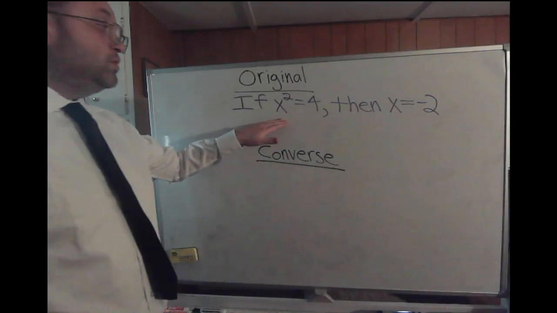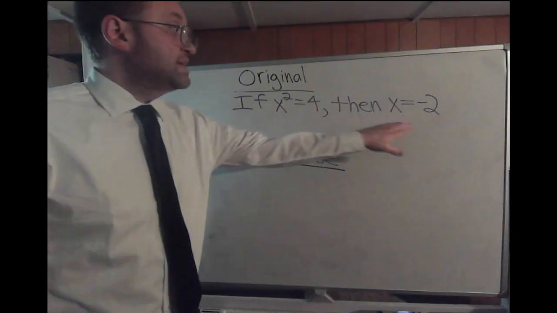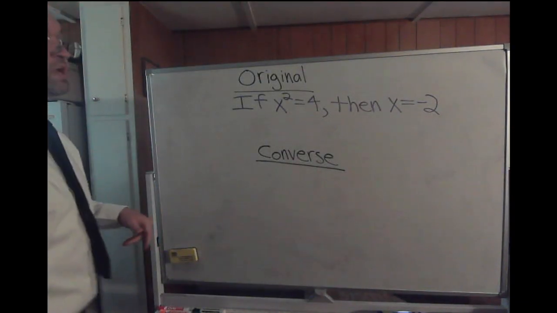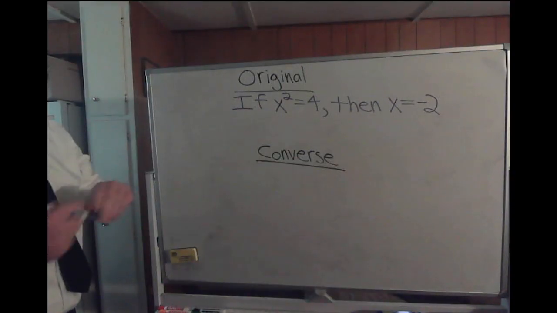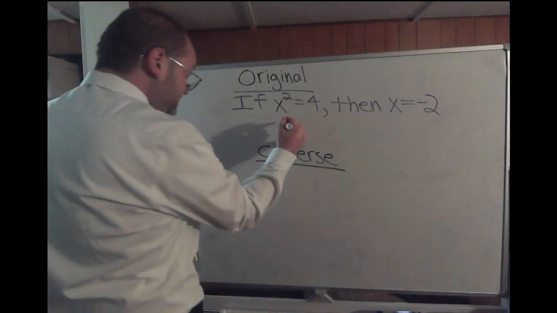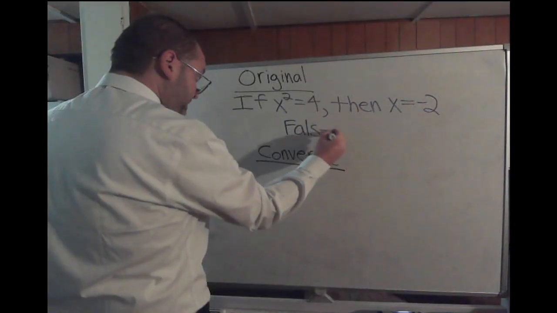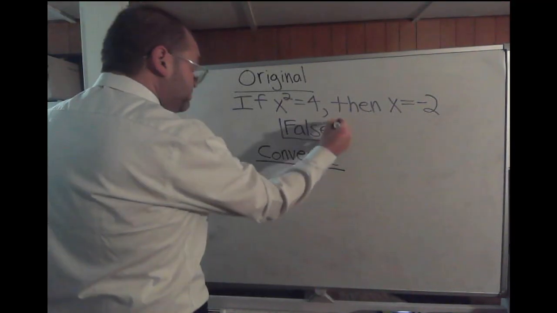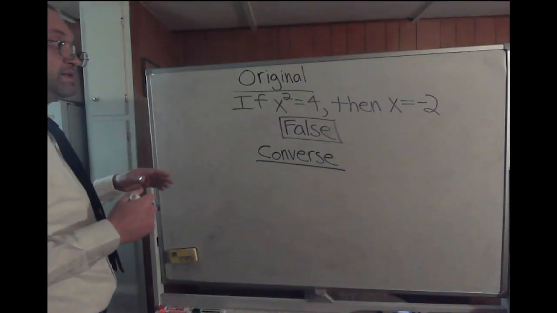If x squared equals 4, that's the hypothesis, and the conclusion is that x equals -2. Again, this is only partially true. X could equal +2 also, right? Since it's only partially true, we have a false statement. Now, if it had said plus or minus 2 for the conclusion, then we would have had a true statement.